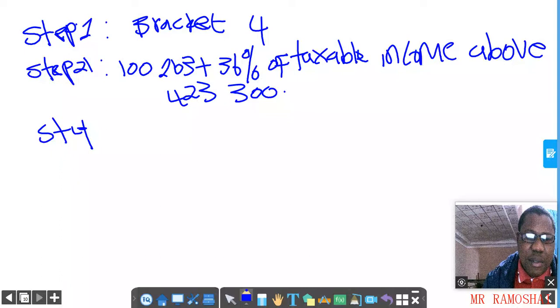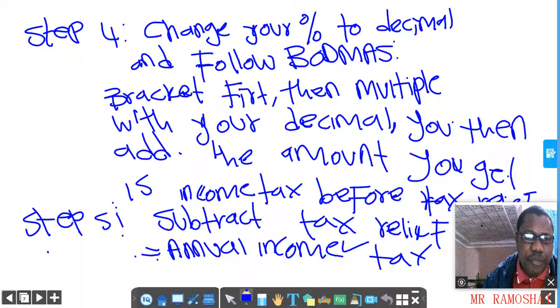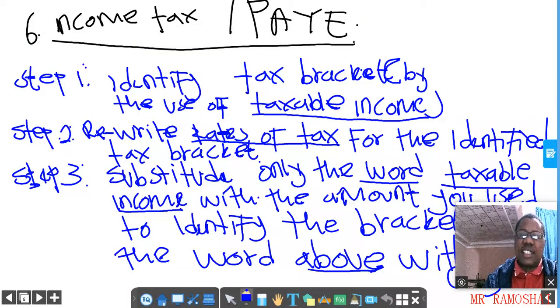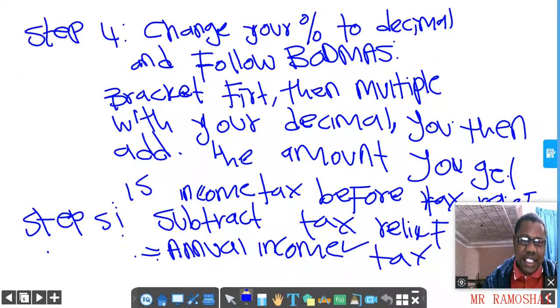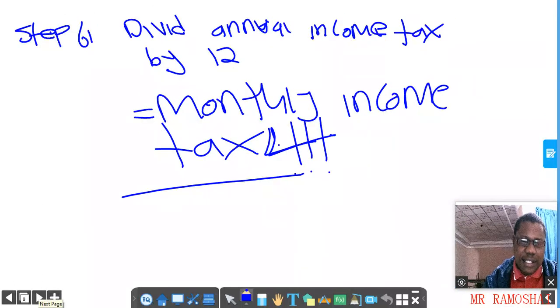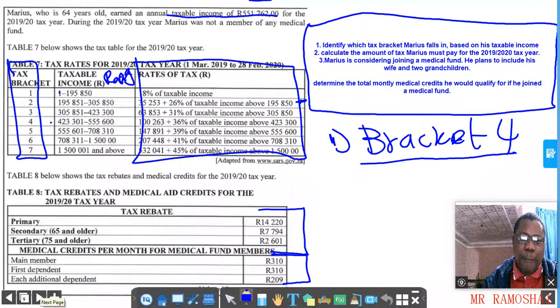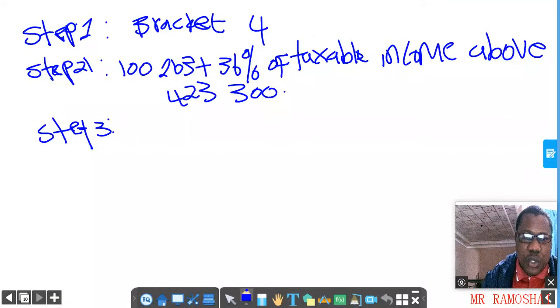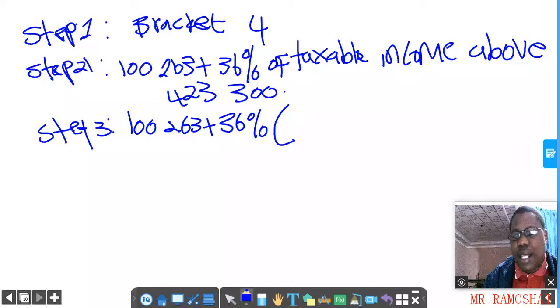That was all about step number 2. We have completed step number 2. So now we go to step number 3. What does step number 3 say? We substitute only the taxable income and the amount above, right? So we don't substitute this; we write it the way it is. Then now we put in the brackets.